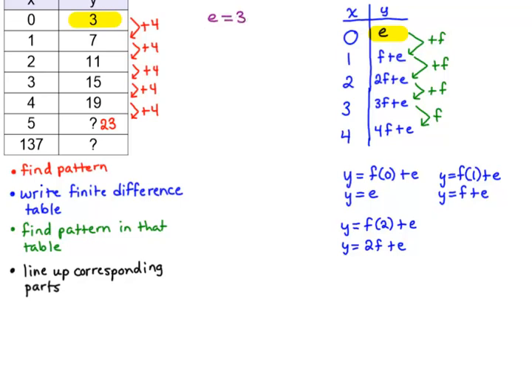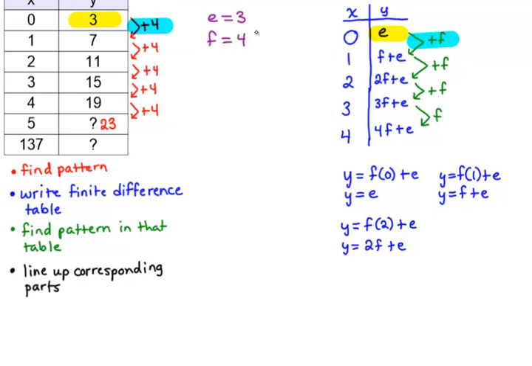Let's highlight another corresponding part. Let's use blue. So my next spot is 4, and that corresponds with f. So now that's telling me that f is equal to 4.